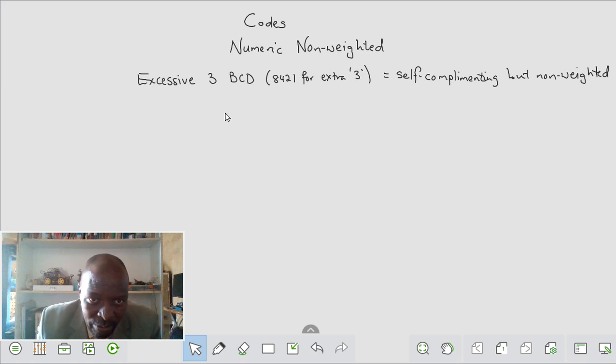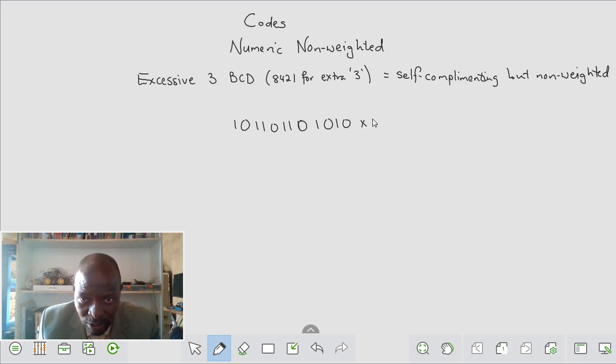Let's now say we are given a number, 1 0 1 1 0 1 0, let's say 1 0 1 0, and we are told this is excess 3, and we are asked to convert this to BCD.